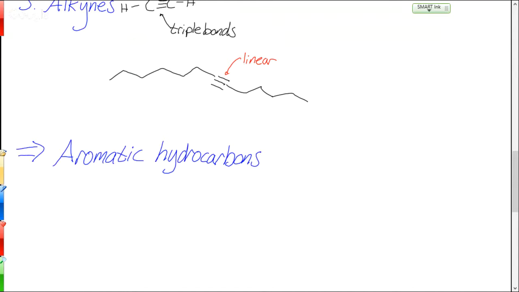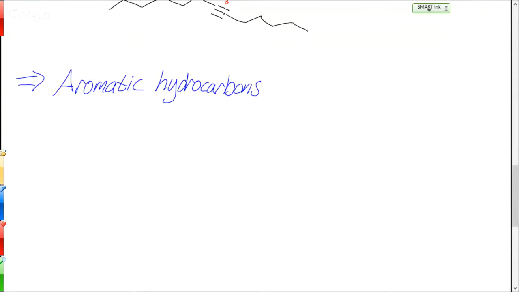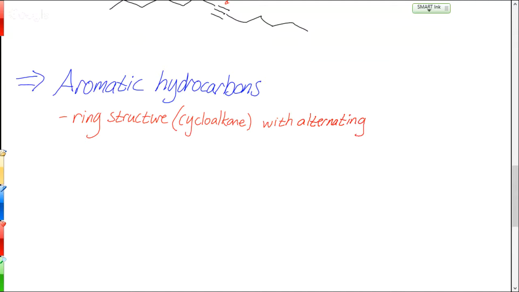One special type of alkenes and alkynes is called aromatic hydrocarbons. Aromatic sounds like it smells, and a lot of these compounds do smell, but they actually have a separate definition: they have these ring structures like we've drawn, which are called cycloalkanes, with alternating double bonds.